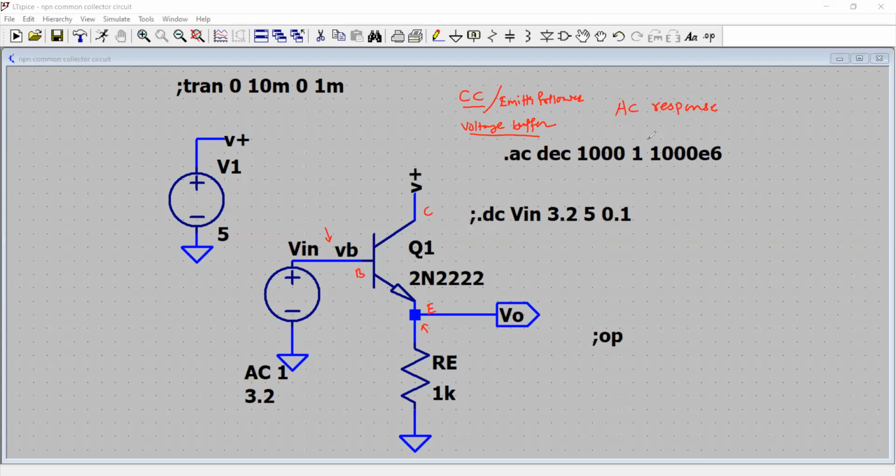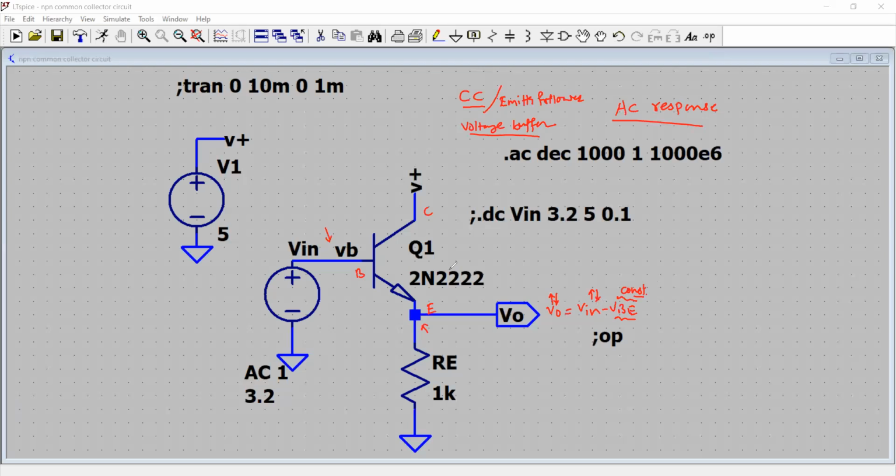Now we are going to simulate for the Bode plot, and we know that V output is V in minus VBE. So if your V in increases or decreases, the output also increases or decreases, and it is always one drop less than the input voltage. This VBE is always constant, except when there is a change in temperature.